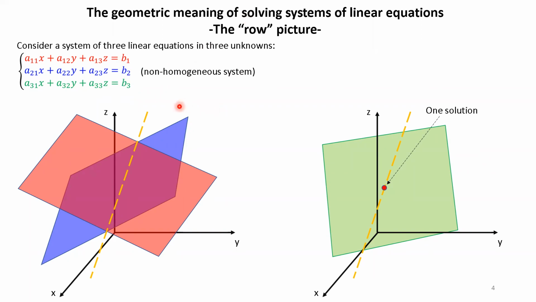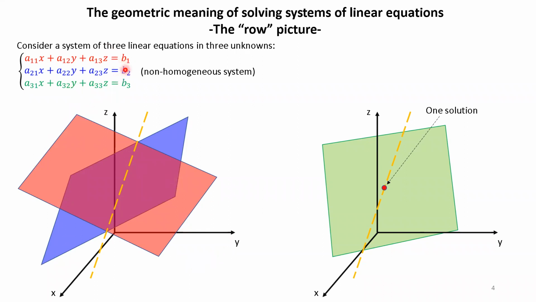Now, for each row I have X, Y, and Z, instead of just X and Y. If I look at just one equation, or one row, then geometrically what you have is a flat plane in the XYZ space, just like this red plane here.